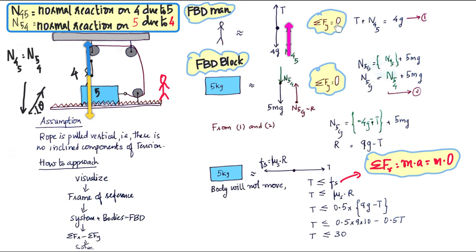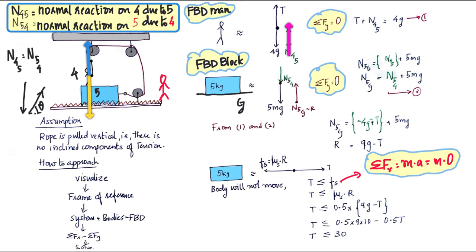Sigma Fy is equal to 0. Why? Because there is no vertical motion. So we have tension and normal reaction in the same direction. So tension plus normal reaction on 4 due to 5 will be equal to 4g. Similarly, for the 5 kilogram mass, there are two reactions. Why? Because this block is in contact with the ground.